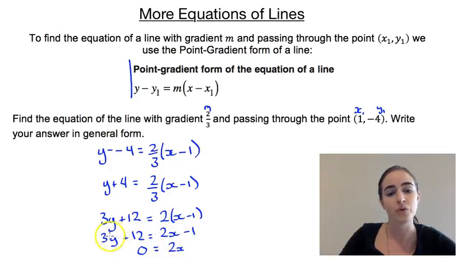So we'll have 0 equals 2x minus 3y, and then minus 2 minus 12 will give us a minus 14. Okay, so that is the equation of our line with gradient 2/3 and passing through that point there.